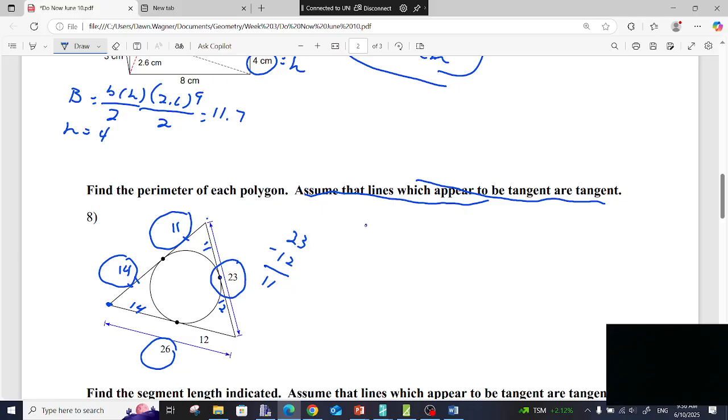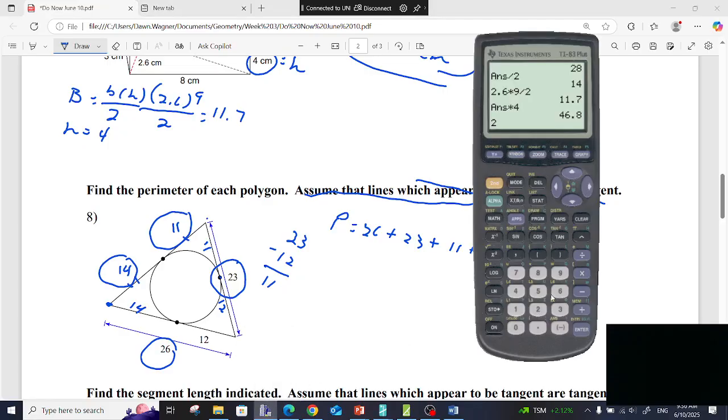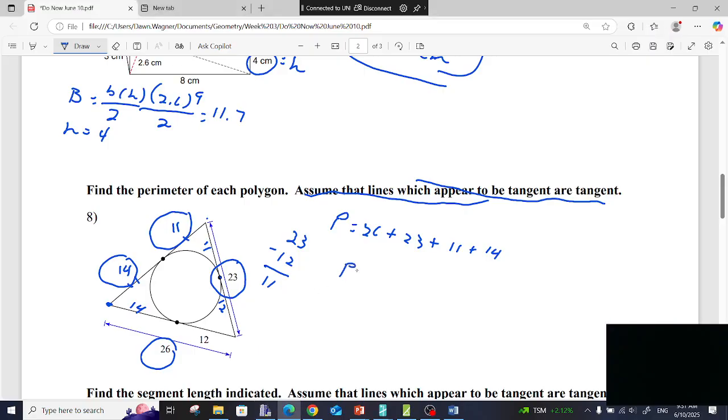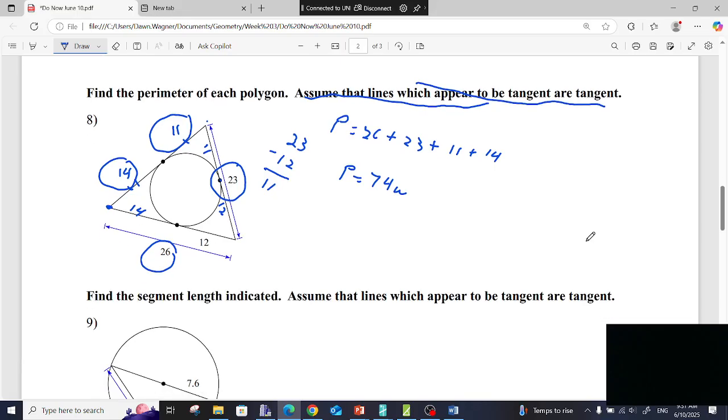So you would add 26 plus 23 plus 11 plus 14, and that would be the perimeter of this triangle. Which would be 74. And they didn't give us a unit, so you could put a U for unit, or you can just give me 74.